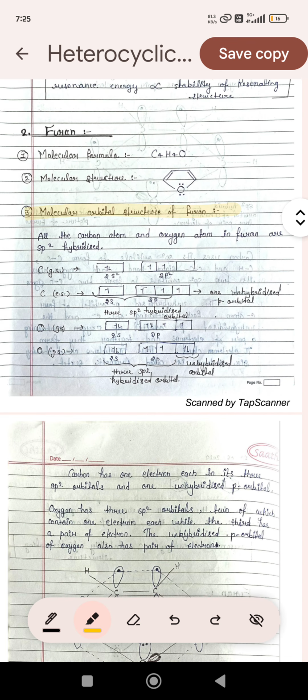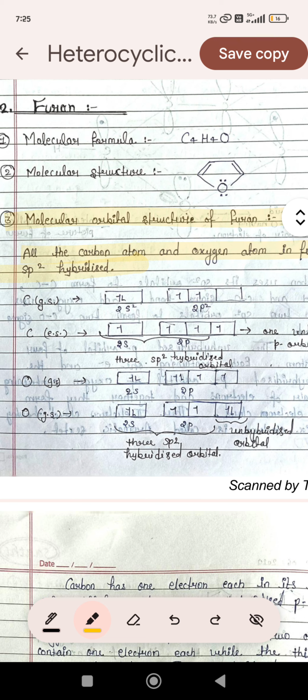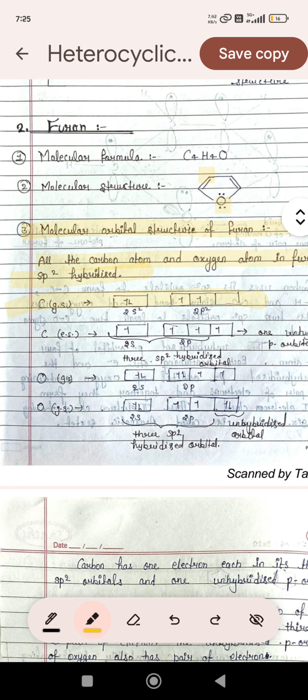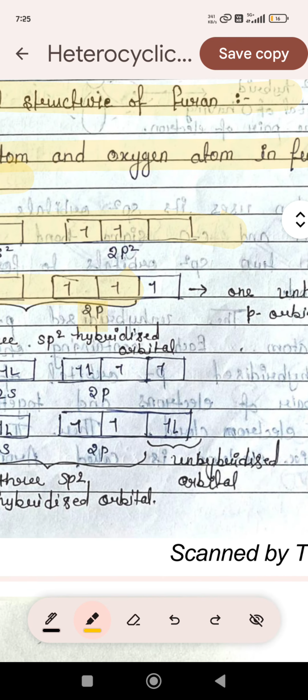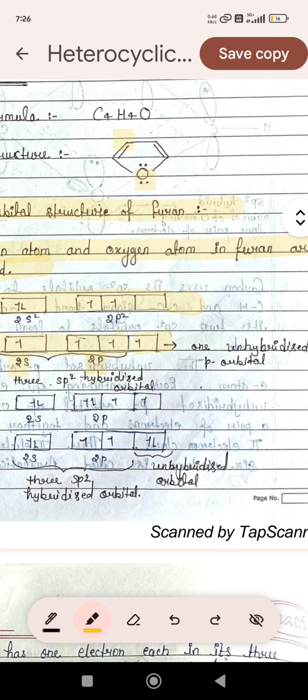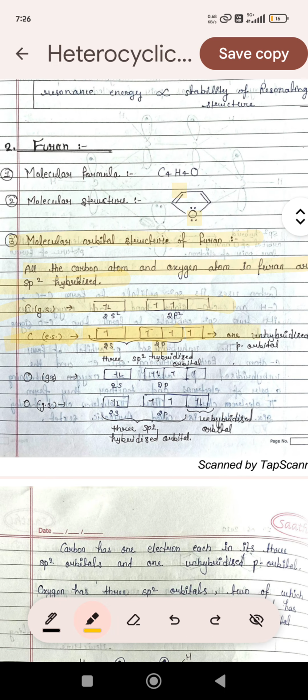All the carbon atoms and the oxygen atom in furan are sp2 hybridized. Carbon in the ground state is 2s2 2p2, but in the excited state the s orbital and 2p orbitals are hybridized to form sp2 orbitals with single electrons, and one p orbital is left as an unhybridized p orbital with a single electron.